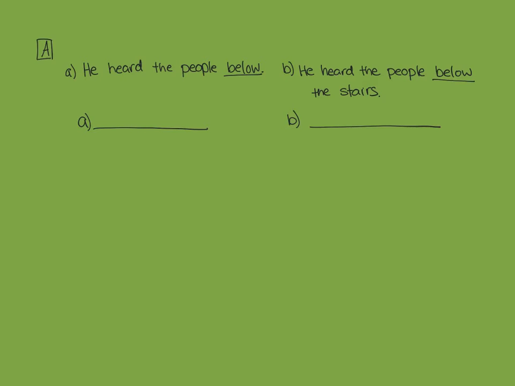So he heard the people below. Below is by itself, so that means it is the adverb. Whereas he heard the people below the stairs is the beginning of a phrase, below the stairs. So this would be the preposition.